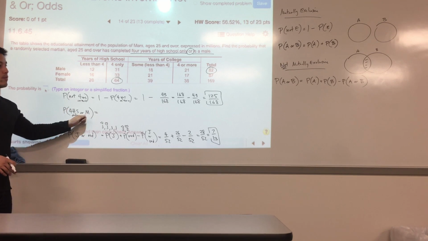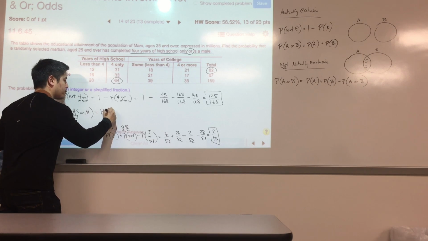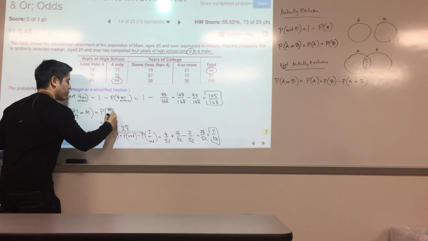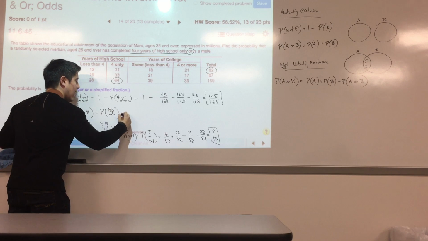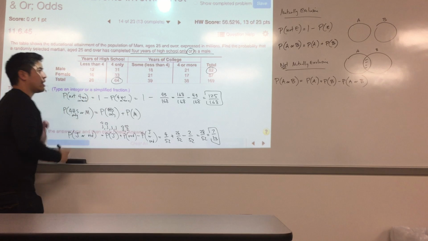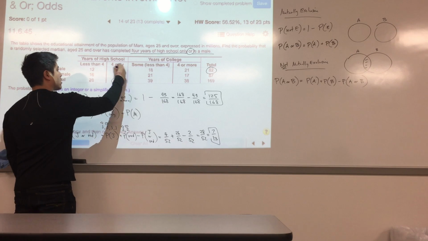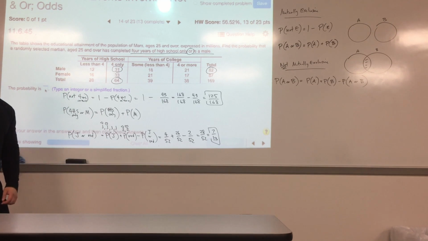Right? Everybody agree? So we would need to find the probability of people who have 4 years of high school only, and add that to the probability of getting a male. And now, is there overlap between males and high school only? Yes. Right there. You don't want to count that twice.